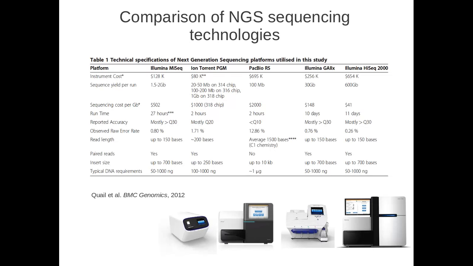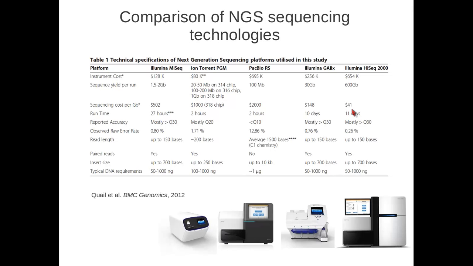So here you can really see the cost per gigabase, $41. So the human genome is 3 gigabases, as I said. So now we can completely cover the human genome with an Illumina HiSeq run for the cost of about $150. So this is per gigabase.